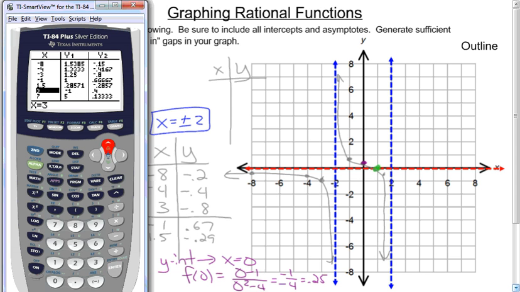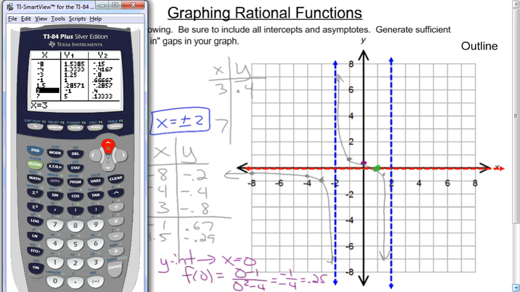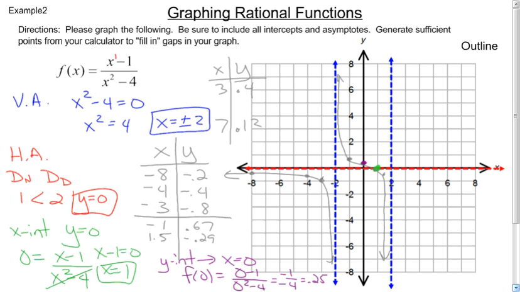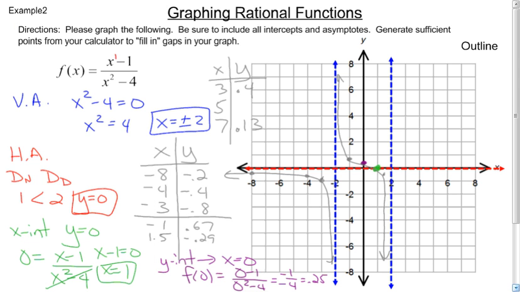Oh, actually out of space is the problem. So 3 got me 0.4. Okay. And then 7 gets me 0.13. And if I wanted to grab 5, I could just type over something and get 0.19. Okay, which I'll call 0.2. So 3 will give me 0.4.